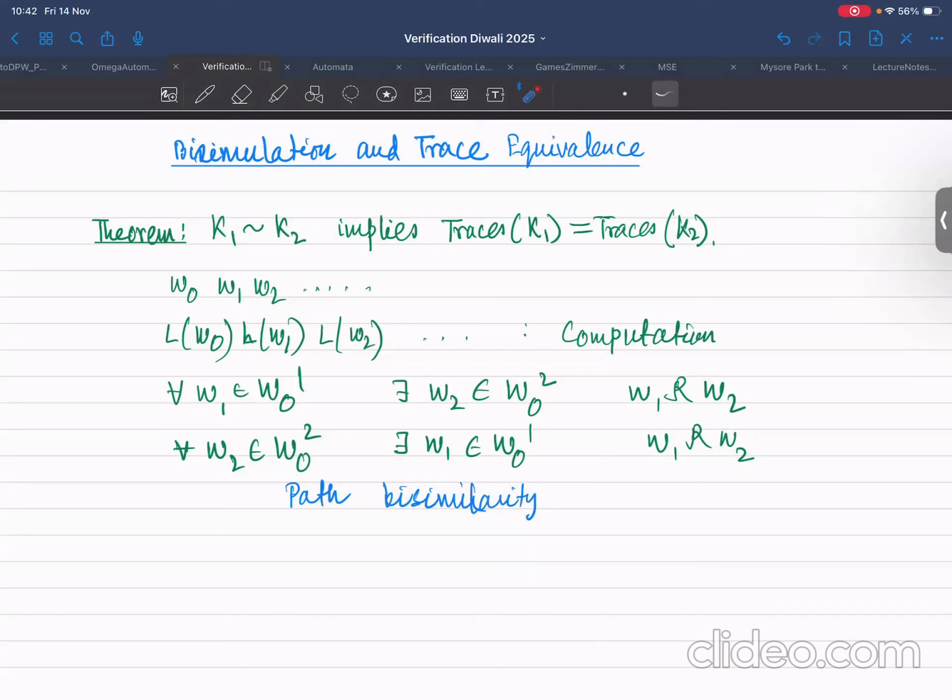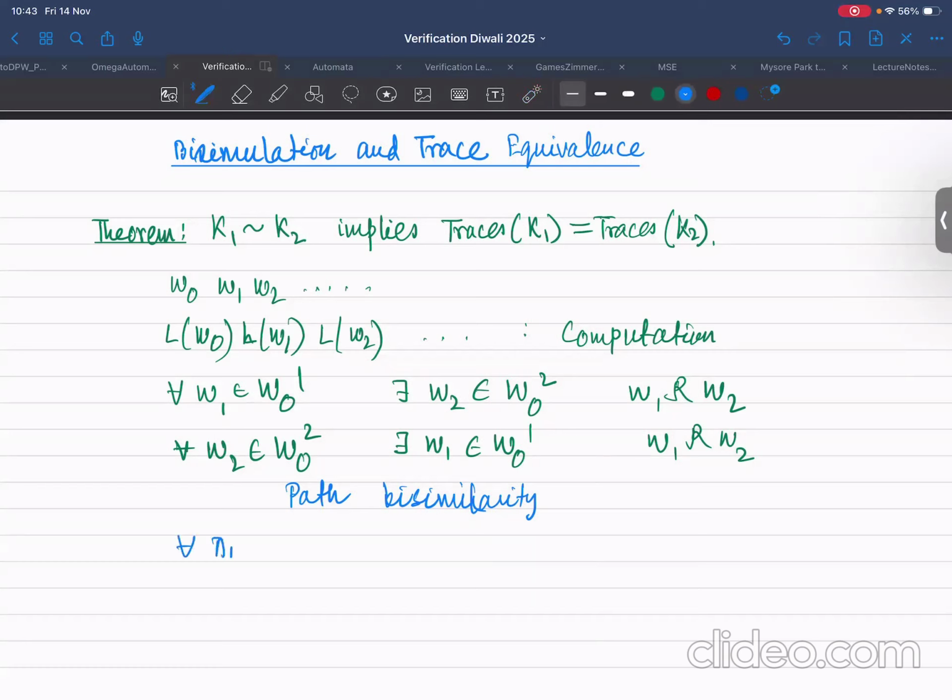And the labels essentially give you the computations of the traces. So the set of traces of the two Kripke structures are essentially the same.